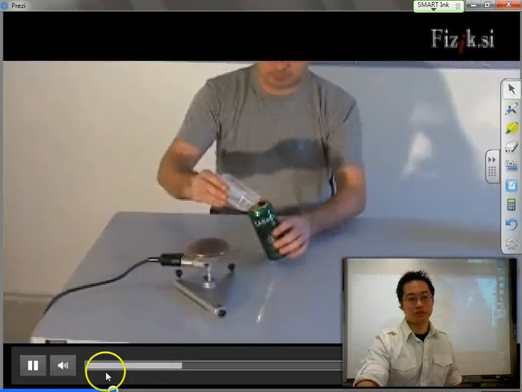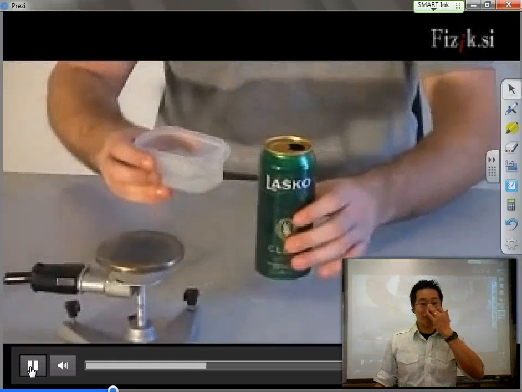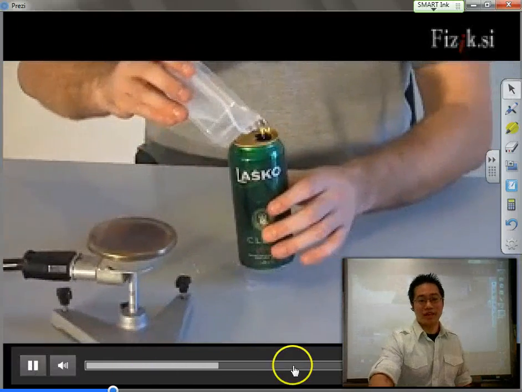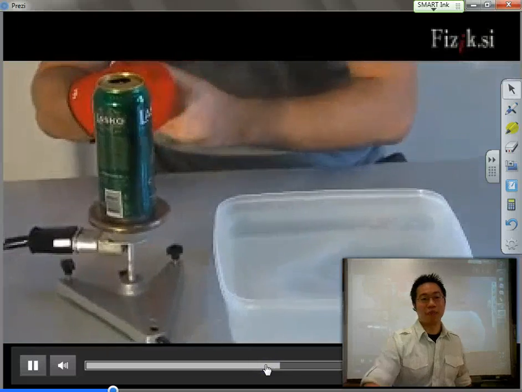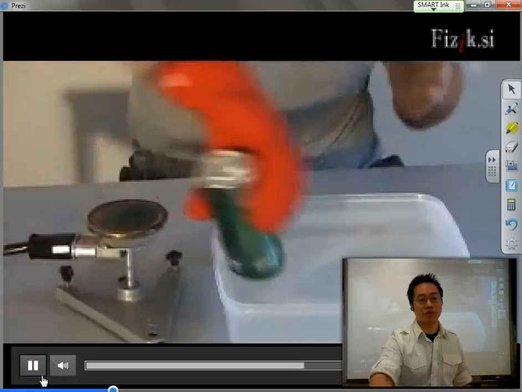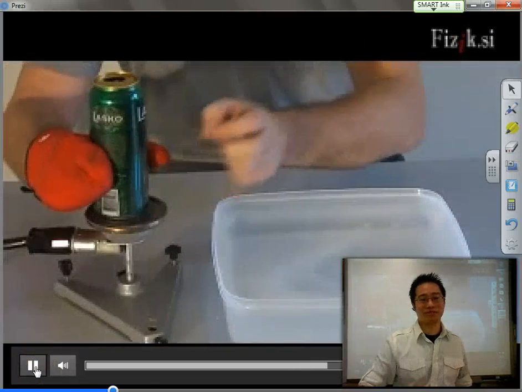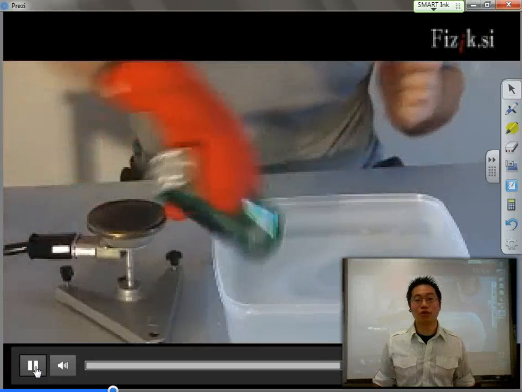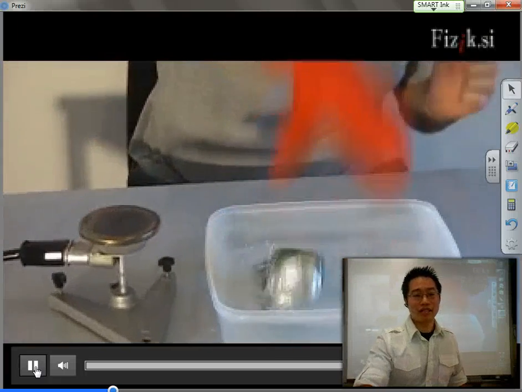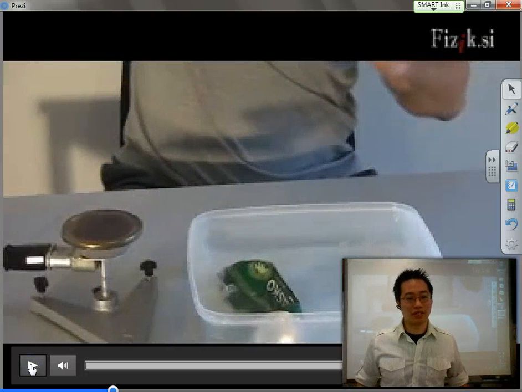we have a person who takes water, puts it inside a soda can, and then he's going to put the soda can on top of the burner. So the water is getting hotter and hotter and hotter until it's boiling inside. When the temperature cools off, instantly the volume decreases.